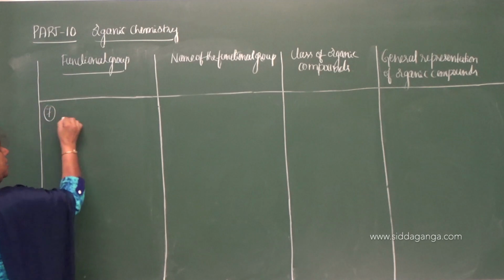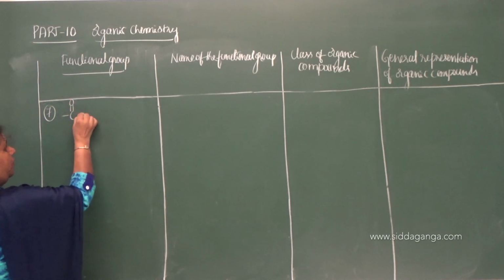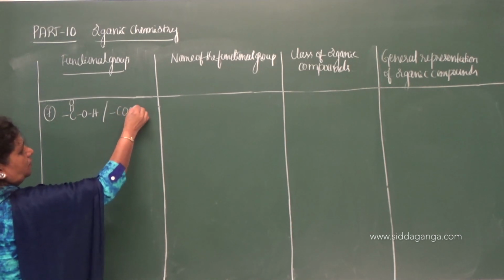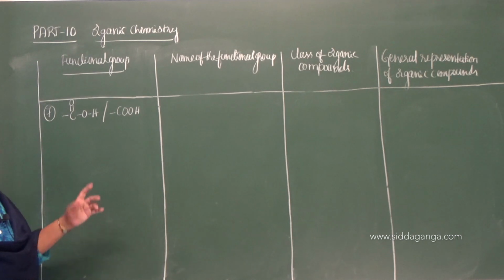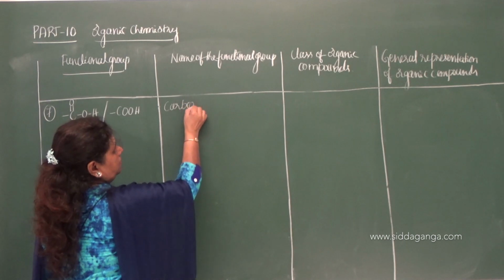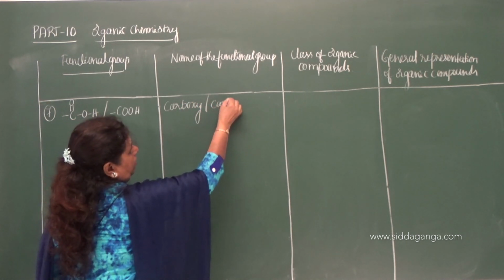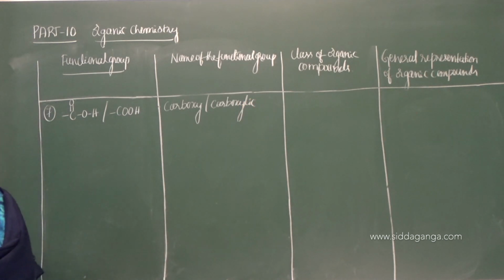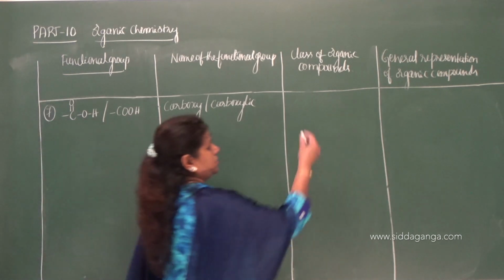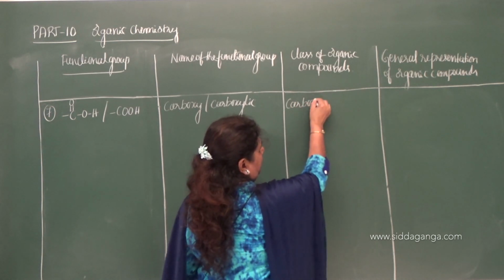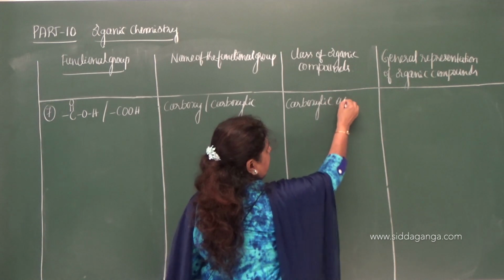The seventh one is C double bond O OH, which you can write as COOH. It is the carboxy or carboxylic group, and it belongs to the category called carboxylic acids.